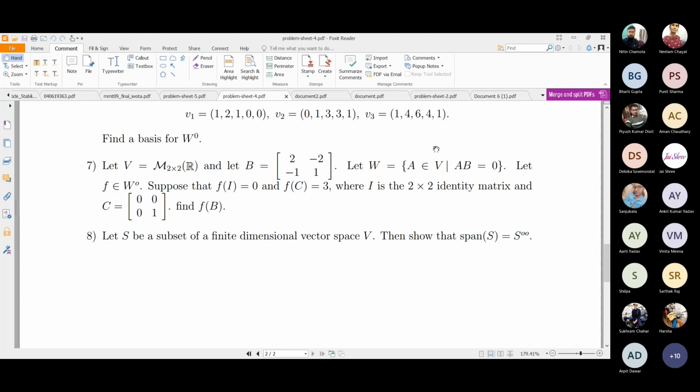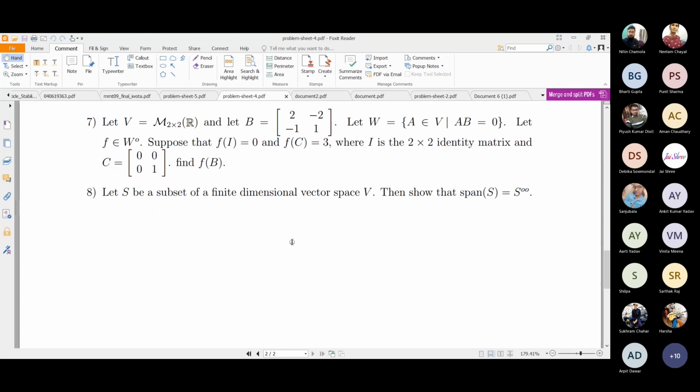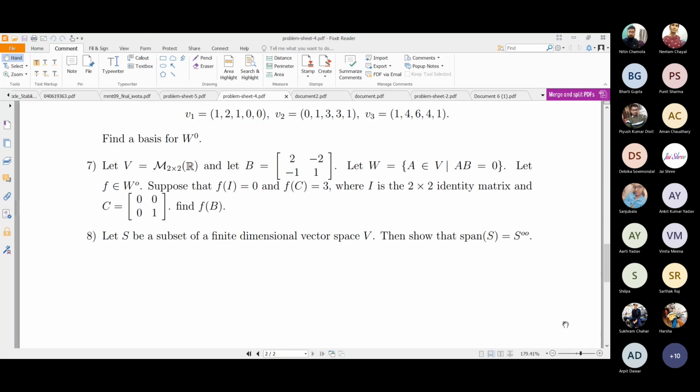You can take this A matrix in this form, A1, A2, A3, A4, and you multiply on the right side by this matrix B, and you see what is the type of this matrix. And then when you see f of I equal to 0 and f of C equal to 3, and you just write this B matrix in these two terms, then you can get this f of B equal to 0. That is not difficult.